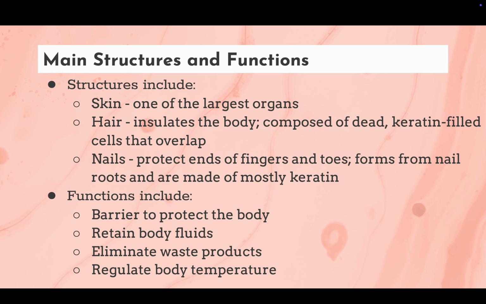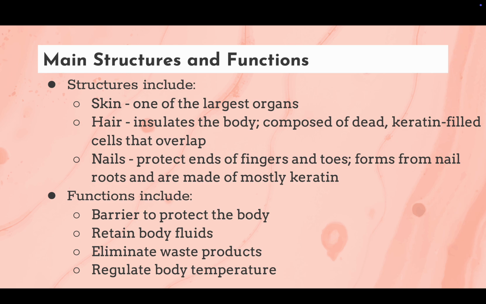So when you're talking about the functions of the integumentary system, the skin acts as a physical barrier against foreign things to try to protect you. It also acts as a barrier for things like ultraviolet radiation.